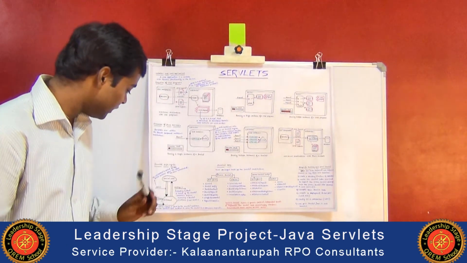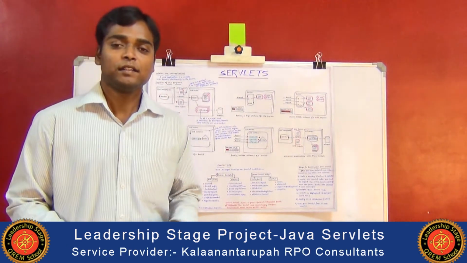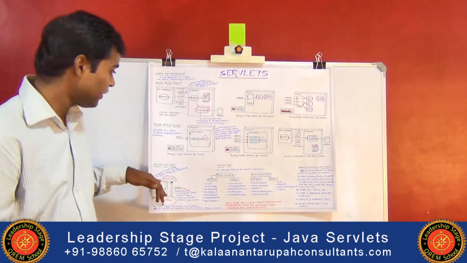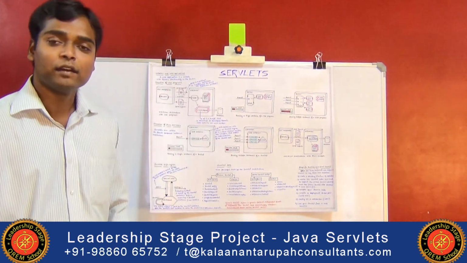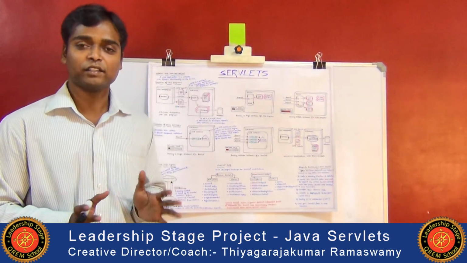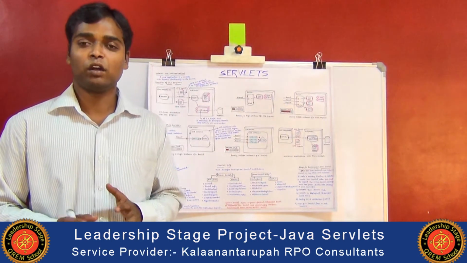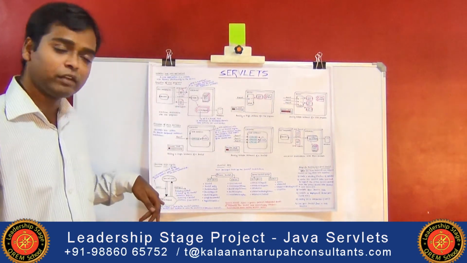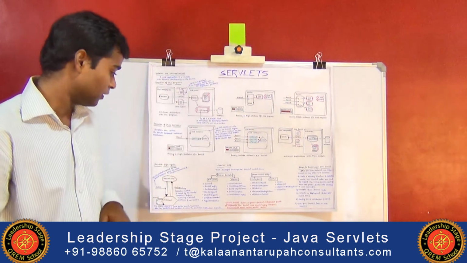After that, lastly we have the destroy method. This method is called before removing a servlet instance from the service, whenever the servlet container, that is the web container, is shut down or it needs some memory.